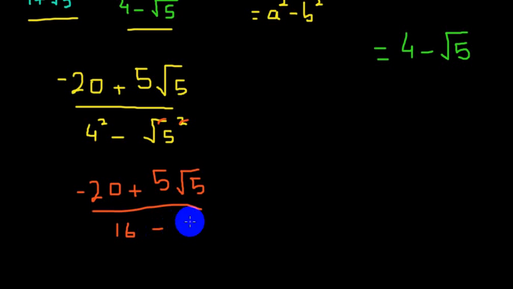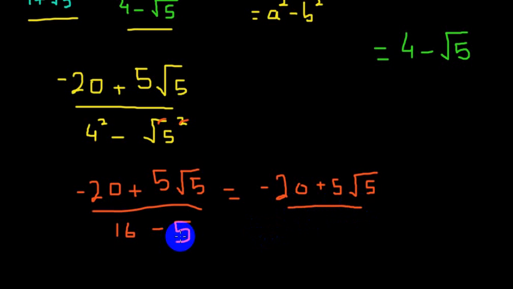So 16 minus 5 actually, and this is equal to negative 20 plus 5 into square root of 5 over 16 minus 5 is 11. So this is our final answer.